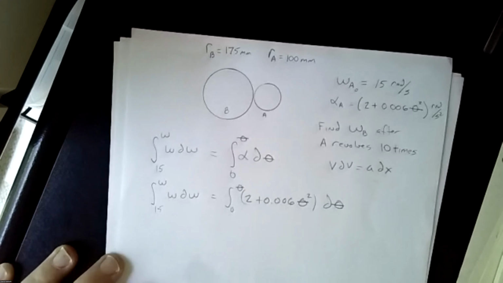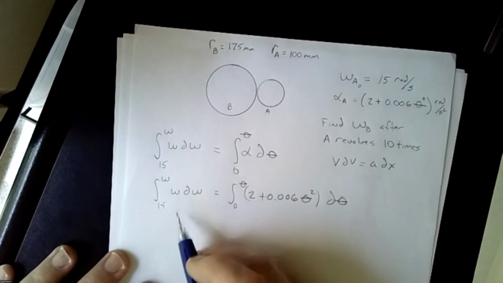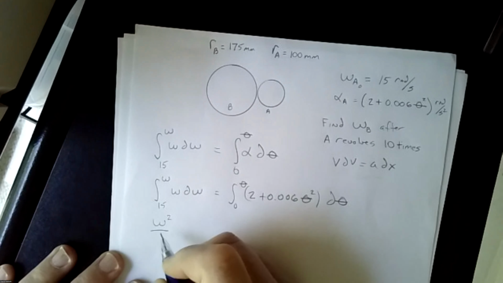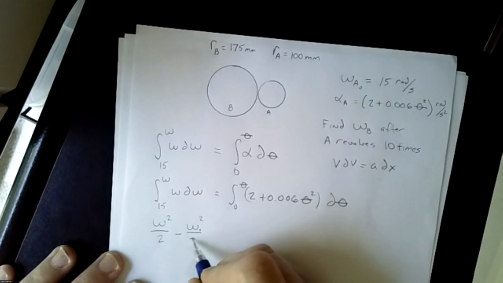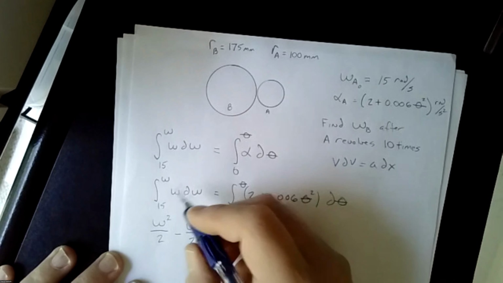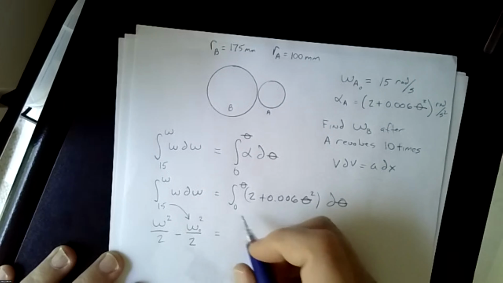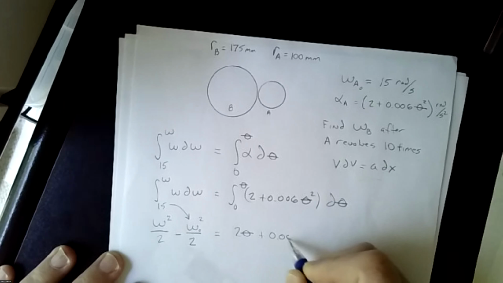And so what we end up with is a fairly easy integral. When we evaluate this, that's just omega squared over 2 minus omega naught squared over 2, where 15 goes in there, and that equals 2 theta plus 0.002 theta cubed.